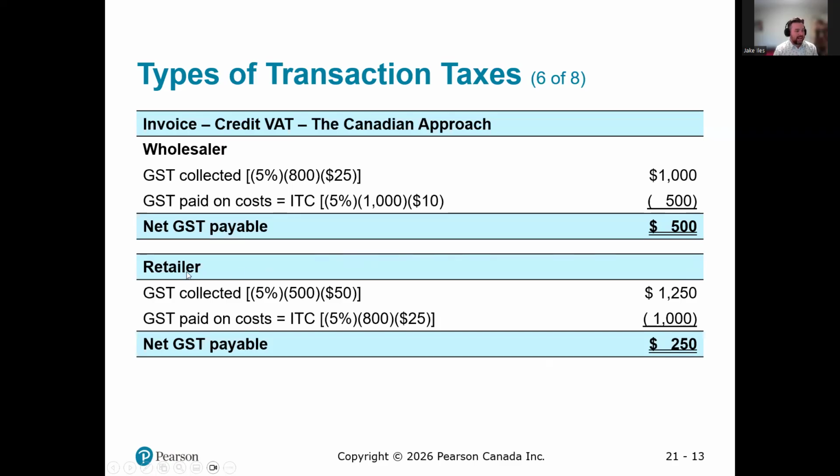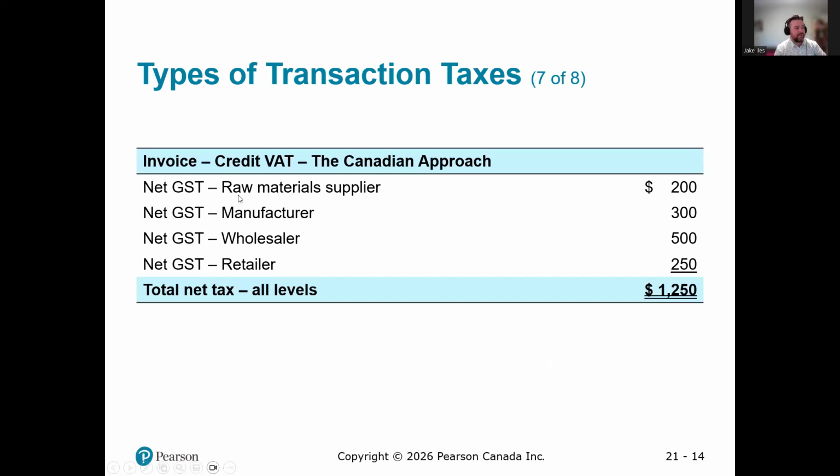And then the retailer bought those units for $1,000 and sold them on to the customer. GST collected was $1,250. They paid $1,000, so they get to subtract it and pay the difference, $250. So when we add up the different stages, 200, 300, 500, 250, the total tax collected is $1,250.